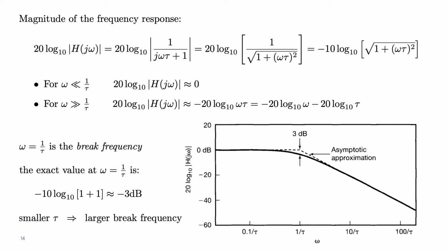So for frequencies smaller than 1 over tau, the system basically has a unitary gain. It doesn't attenuate. But then as omega grows beyond that break frequency, 1 over tau, the system starts attenuating, and it attenuates quite a bit.